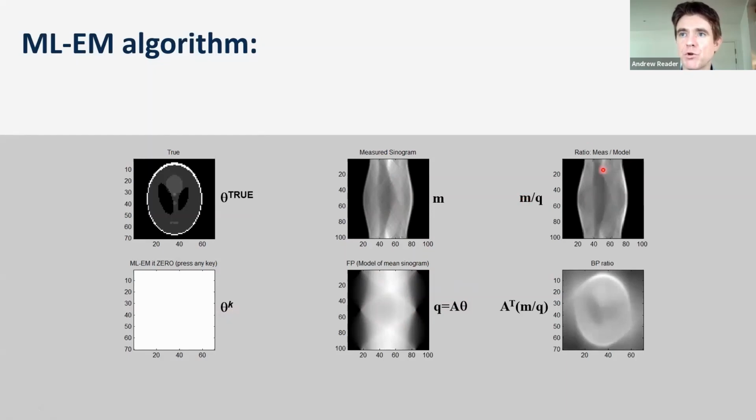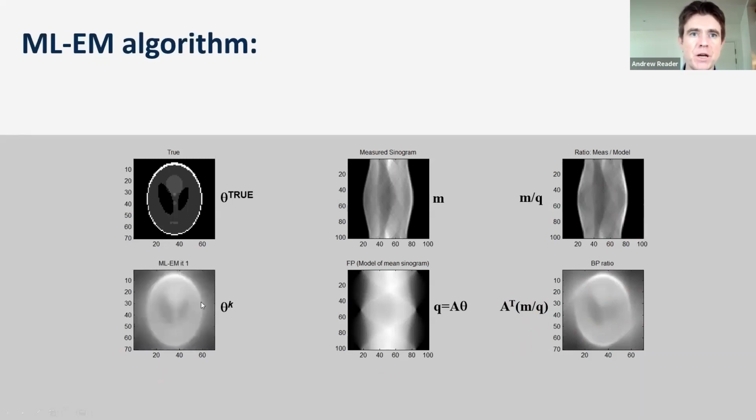That's what I'm showing in the top right corner there. And then we need to apply the adjoint of the system model. That corresponds to back projection, so A transpose of that ratio. So that's what I'm showing here. And then we divide it by A transpose 1, just the back projection of unit data, and then multiply. And so that's how we get the first update of MLEM, a very simplistic method.